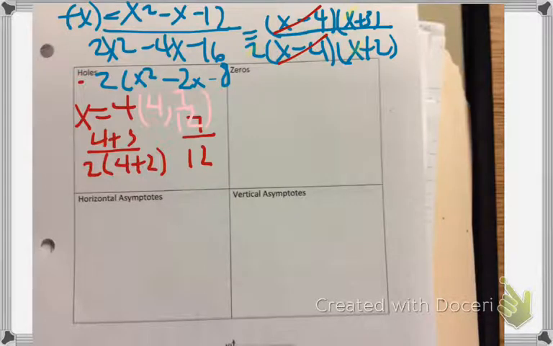And there's your hole. Let me go a little darker. So 4 and 7/12. So that's the hole. When you go to graph it, at that specific point, you'll have a hole in the graph. Yes, so this 4, 7/12 is the actual coordinate where that point is going to be on the graph. Okay? All right.